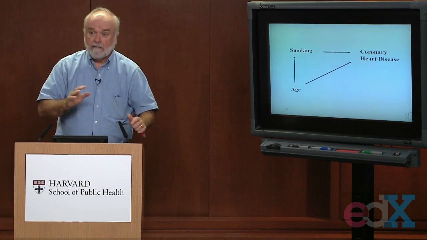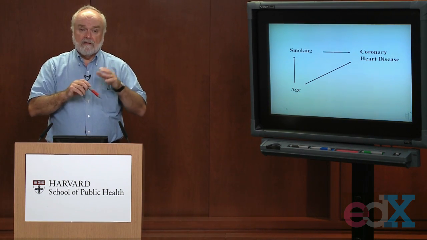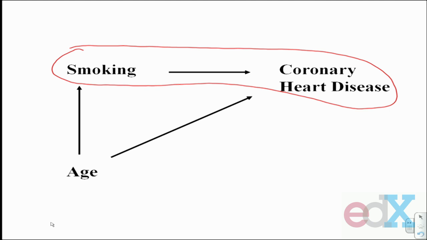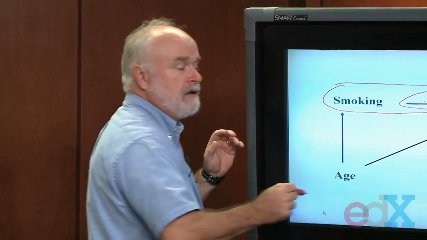This is a diagram that tries to describe the scenario I just gave you. We want to know whether there's a relationship between smoking and prevalence of coronary heart disease. This arrow connecting those two factors is what our measure of association is trying to describe. And the question is, is the number 0.82 that we see in that data set reflecting only that top arrow connecting the relationship between smoking at the 1956 exam and coronary heart disease at the 1956 exam?